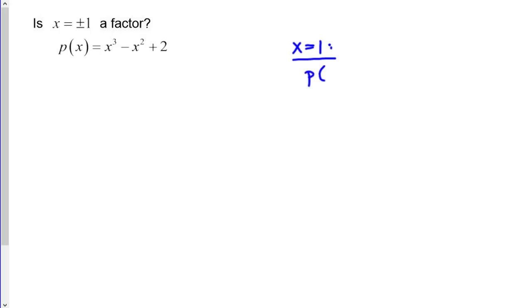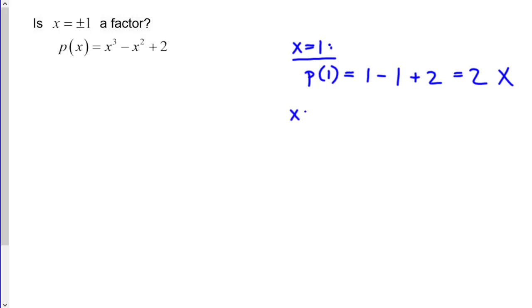So evaluating a polynomial function at 1 is actually pretty straightforward. You're basically just adding the coefficients. So if you just add up the coefficients, 1 minus 1 is 0, plus 2 results in 2. Well, it's supposed to result in 0, so that's not a 0.